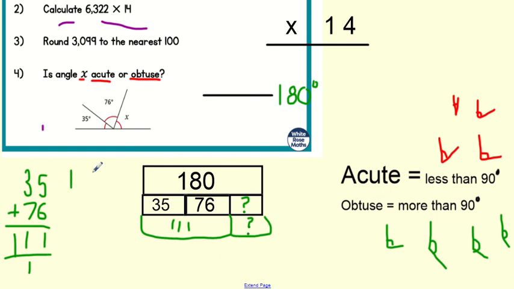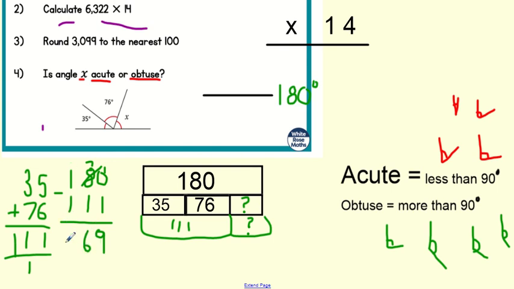Well done. We do 180 subtract 111. Okay, some of you might be able to do that mentally. Others of you I know like a method. Some people feel a bit safer with a method. So I'm just starting with my exchange there. 10 take away 1 is 9. 7 take away 1 is 6.